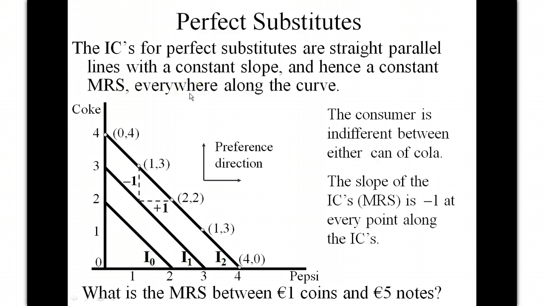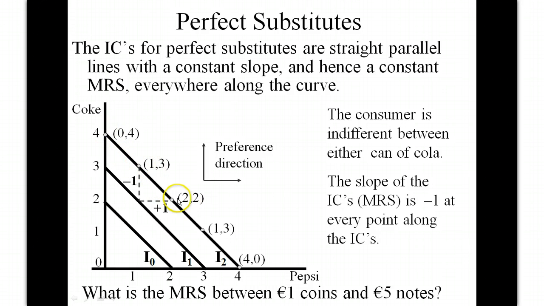So the indifference curves for perfect substitutes are straight parallel lines with a constant slope. And the reason the slope is constant is the person is equally willing at all times to swap one for the other. That 4 units of Coke offers the exact same utility as 4 units of Pepsi.